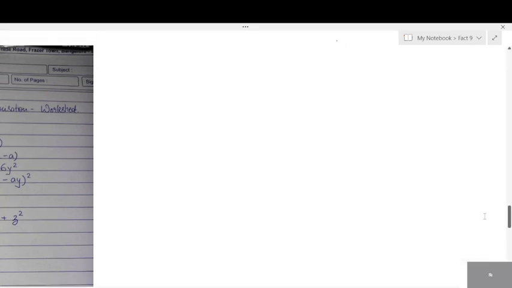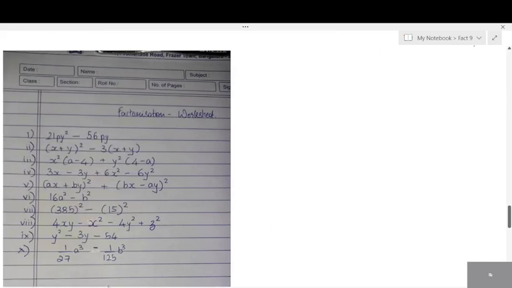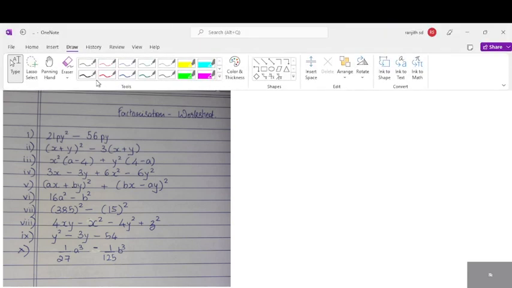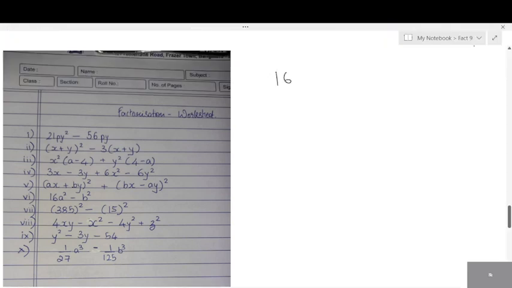Okay, next question. Fifth one, I'll do it later. Sixth question. Can all of you quickly tell me the sixth one? Which concept do we use here? So this 4, how do you convert this to 16? Minus b square.